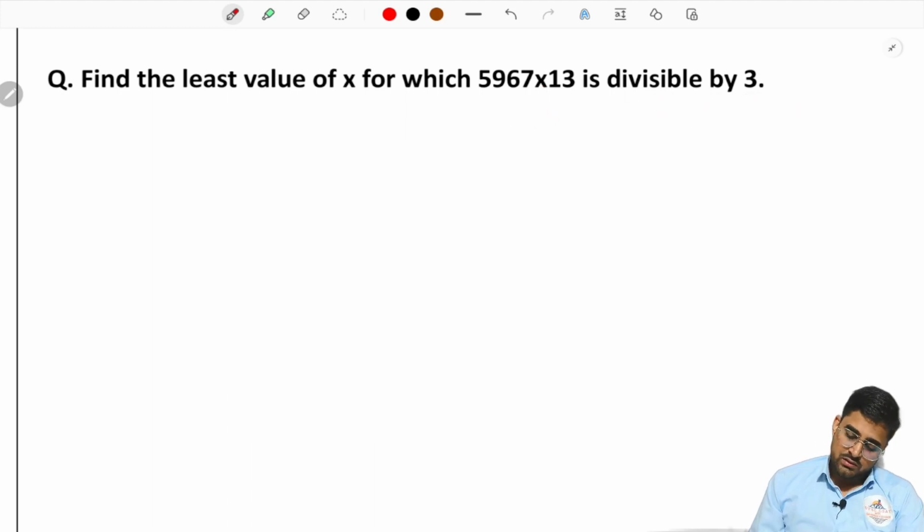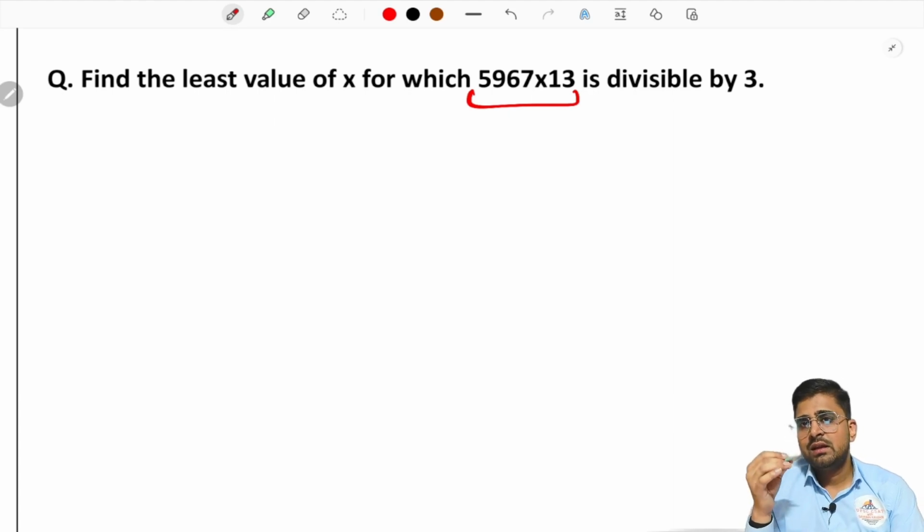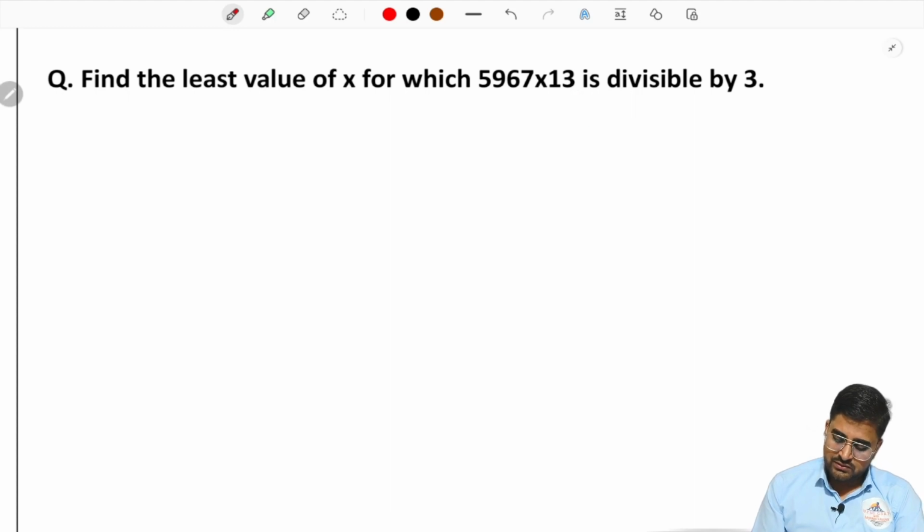Okay, so let's do it. What is the basic concept of the divisibility rule of 3? You have to add all the digits, and if that sum is divisible by 3, it means the number is divisible by 3.